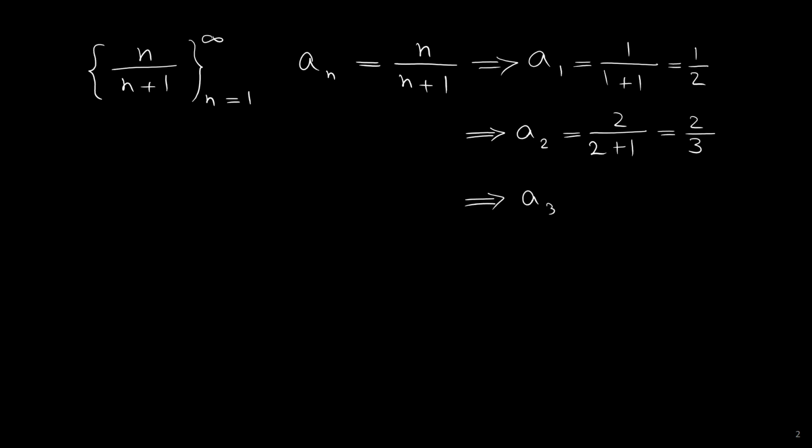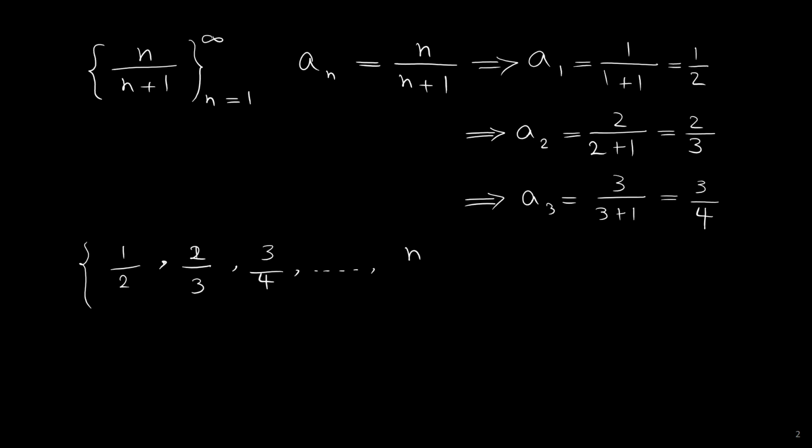The third element is 3 over 3 plus 1, 3 over 4. So if we want to list the terms of this sequence, the first term is 1/2, the second term is 2/3, the third term is 3 over 4, and the nth term is n over n plus 1.